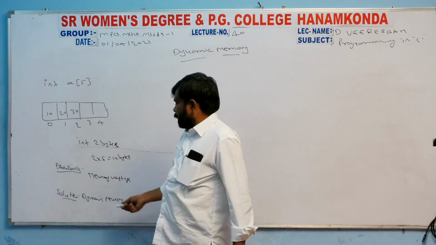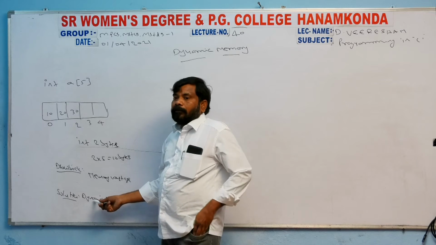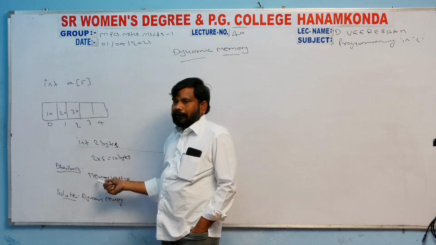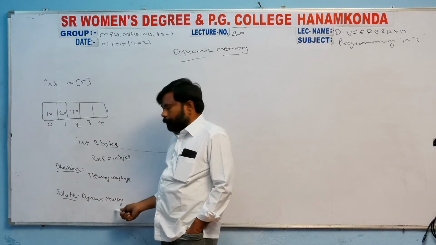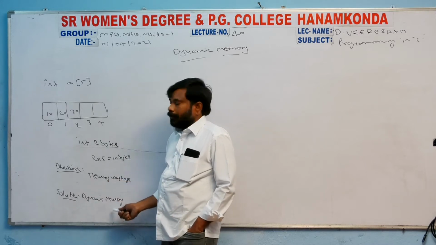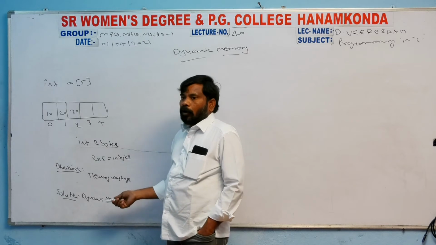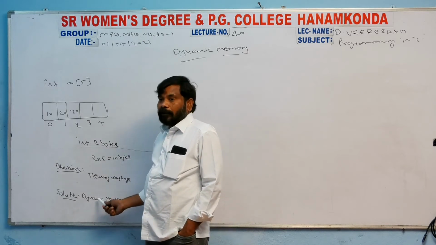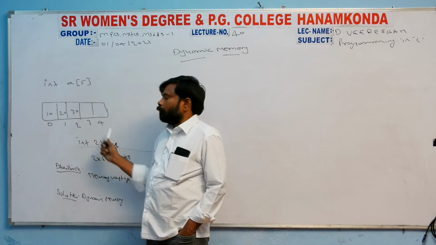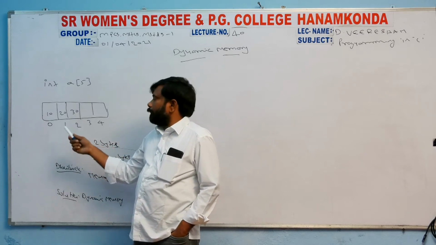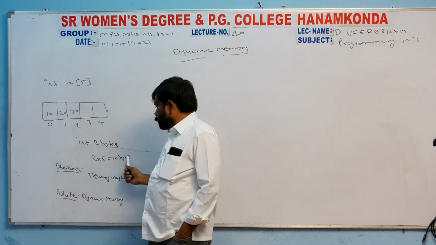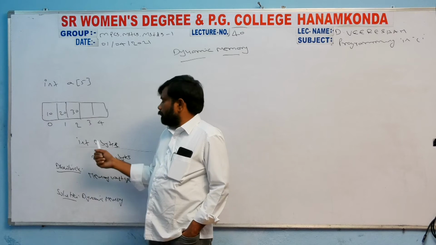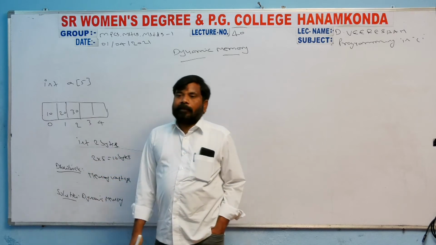I think you got the clarity. Whenever there is a problem like this, you use the concept of dynamic memory allocation, by which you can overcome this. Only as many values as you are going to store, only that much memory will be occupied. Suppose you are storing one value, it is going to take only 2 bytes. If you are storing 2 values, it is going to take 4 bytes. Like that, there is no memory wastage.